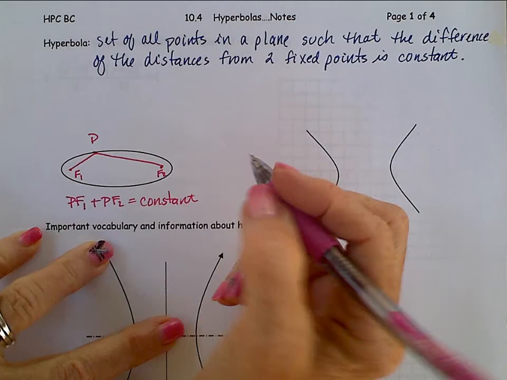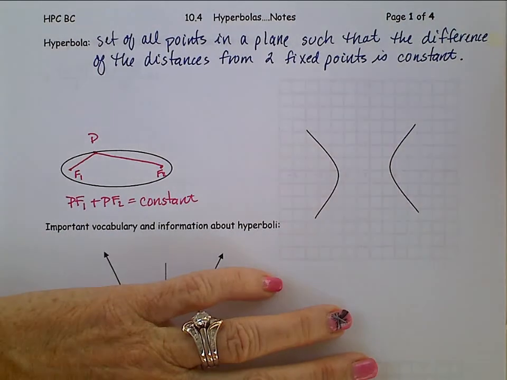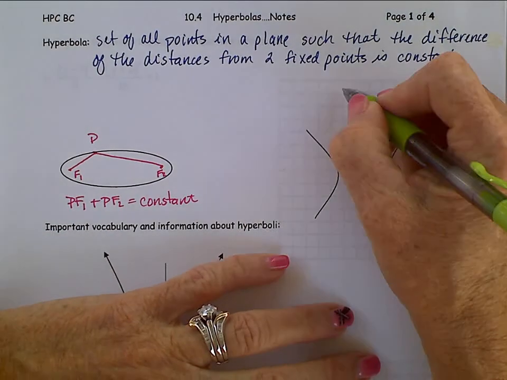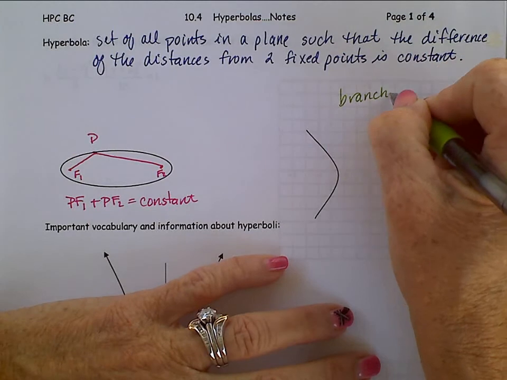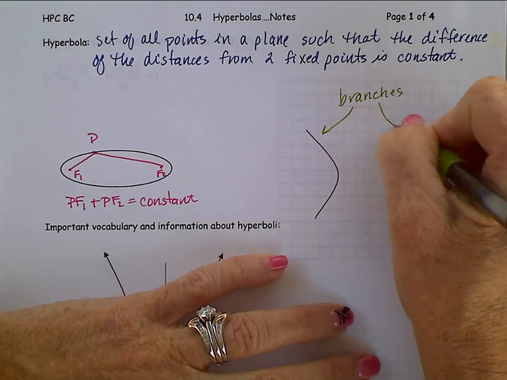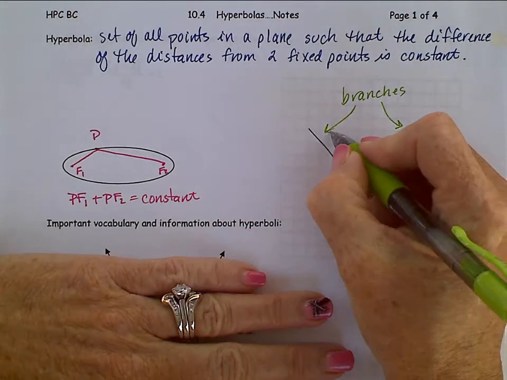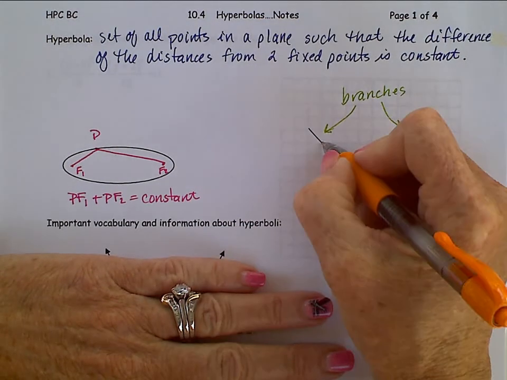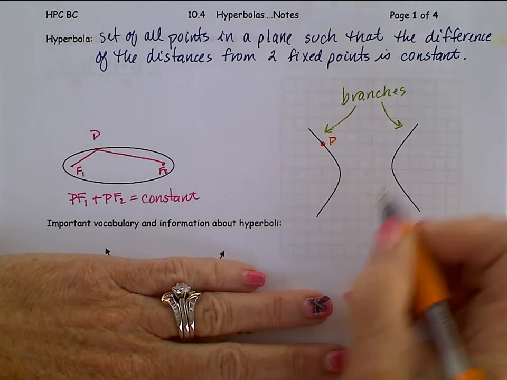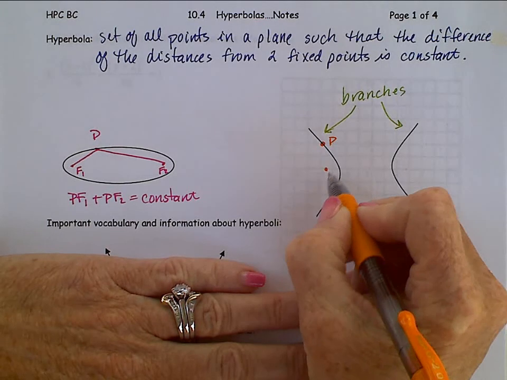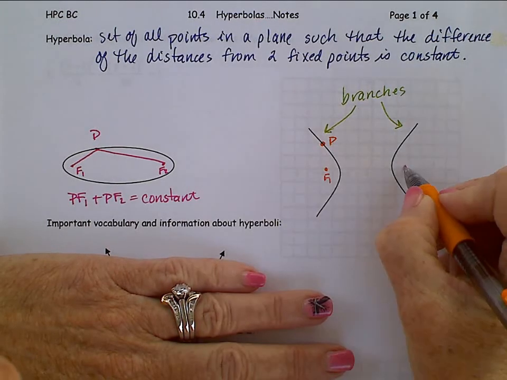For a hyperbola, which has two branches, choosing any point on this hyperbola, the focus here, there's one of them, here's another one.